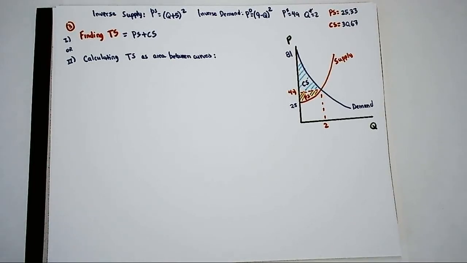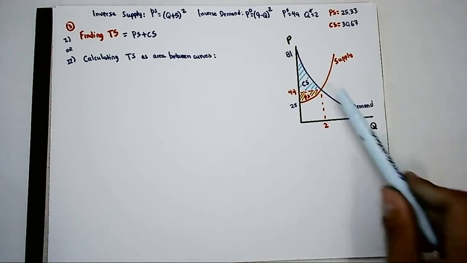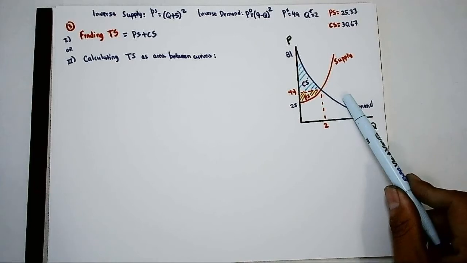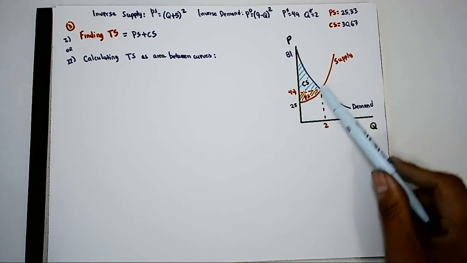In order to use the area between curves, we need to recognize which function is at the top. In this case it is the demand, and supply is at the bottom.